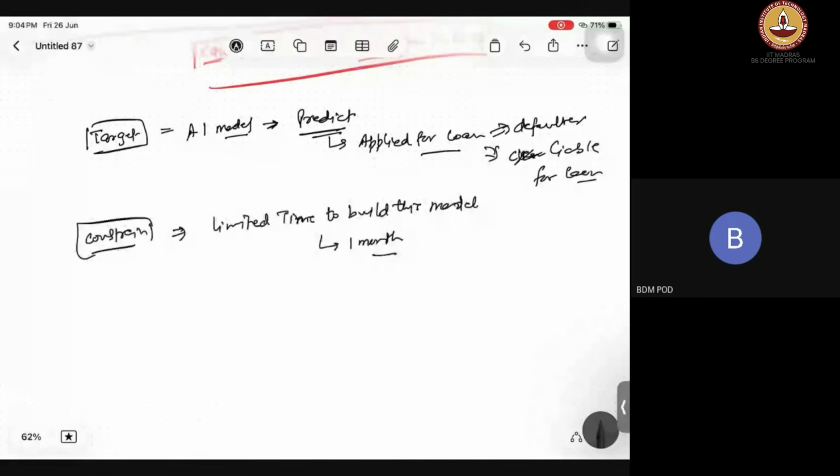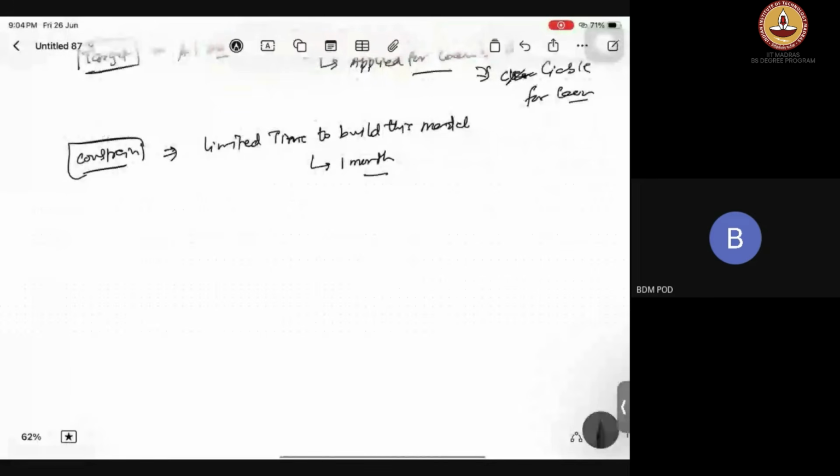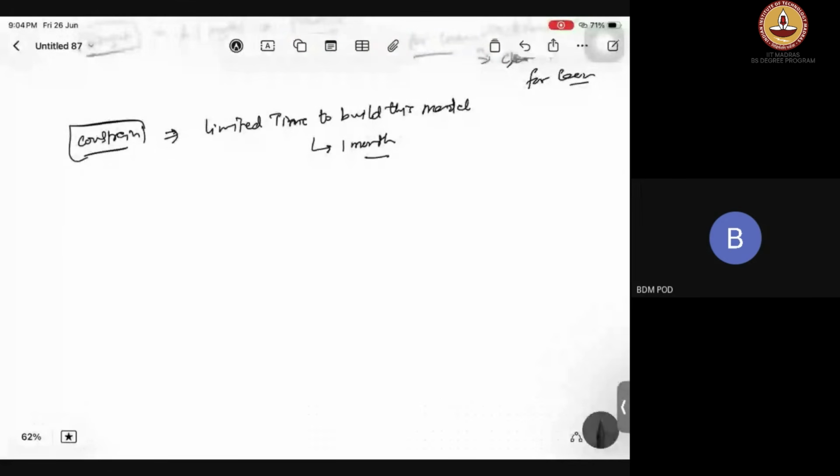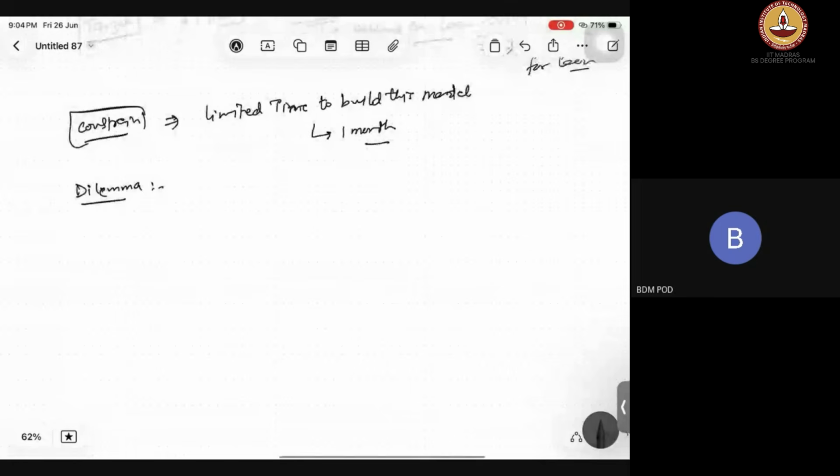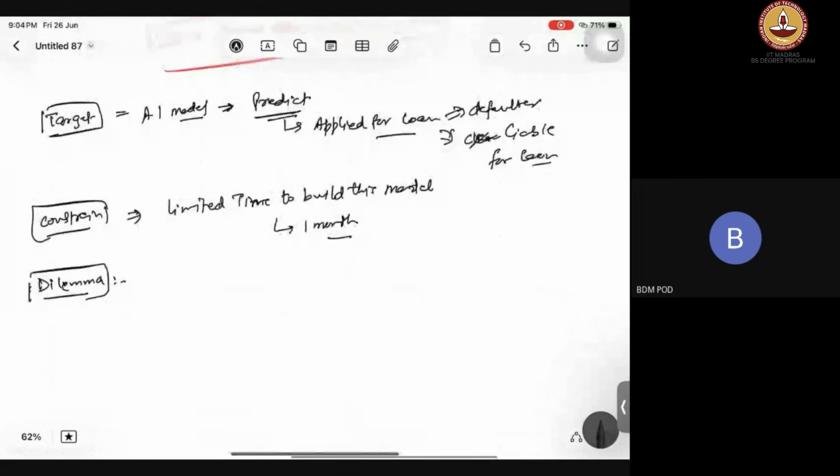Okay. So now, what exactly is the thinking, or confusion, or you can say the dilemma of the company now? The company dilemma is that they have multiple ways, and among the multiple ways, they need to opt for the best suitable one.